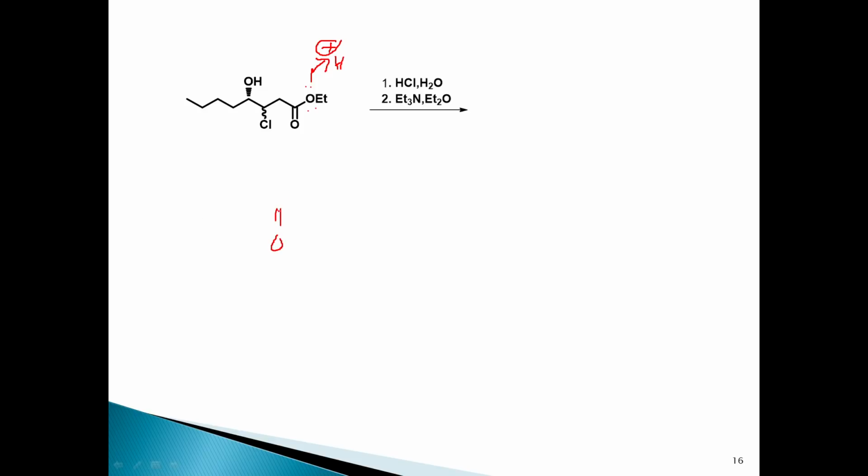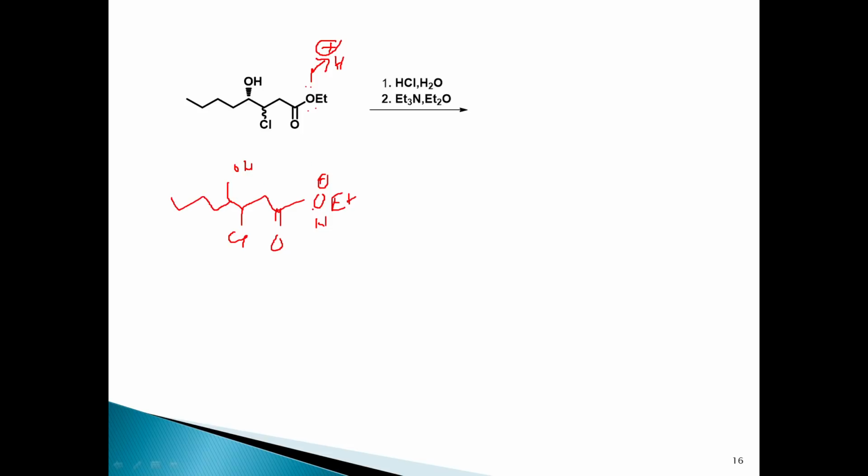I'll draw the whole thing. Again, an oxonium ion will be formed. Now the oxonium ion is formed.